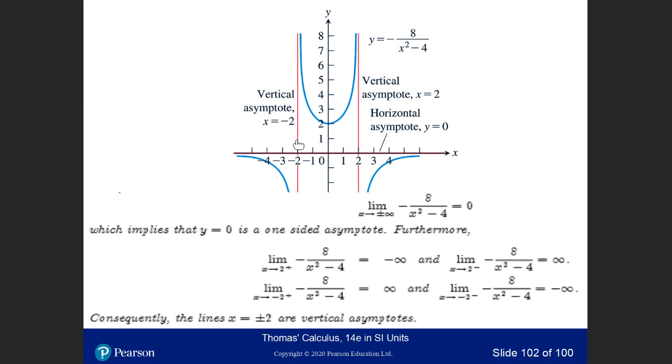Now, let's look at minus 2. If I approach minus 2 from the right-hand side, from values greater than minus 2, what happens? If I approach from the right, x squared is less than 4 because the absolute value of x here is less than 2.